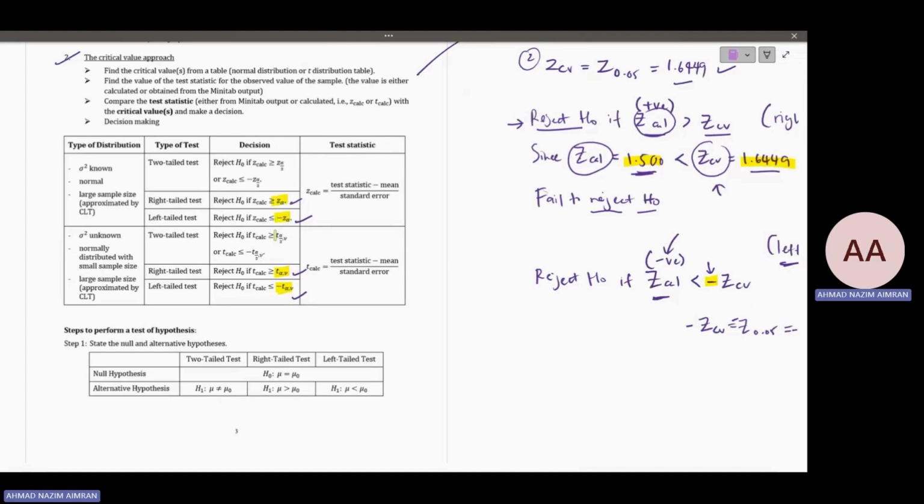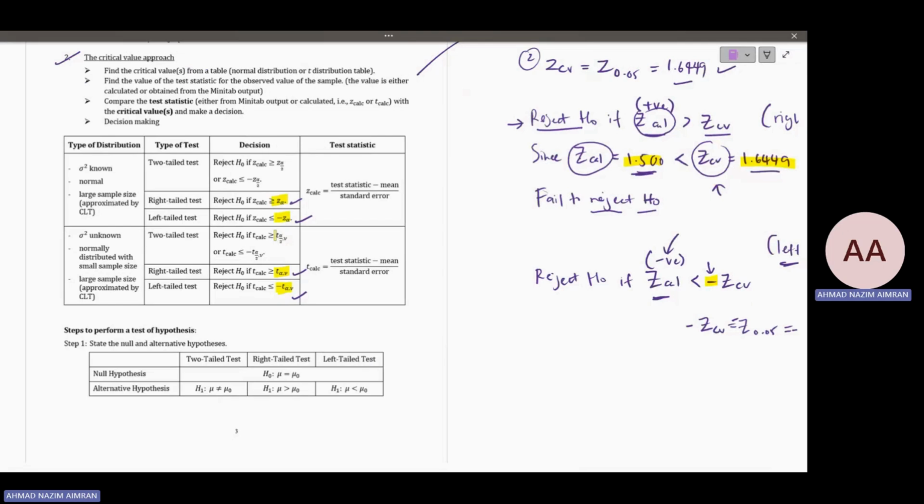Remember, if you calculate the Z, then you have to compare it with the Z critical value. If you calculate the T, then you have to compare it with the T critical value. And that is for the one tail test. It is either right tail or left tail.